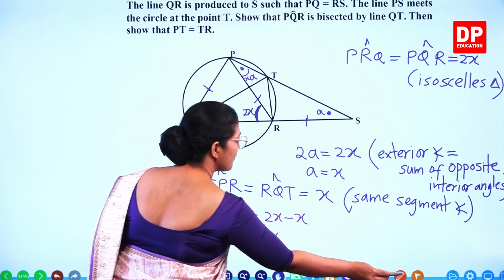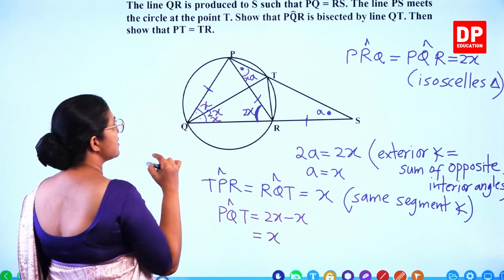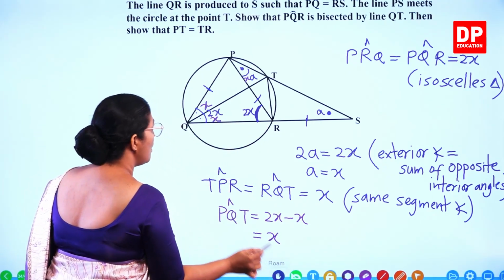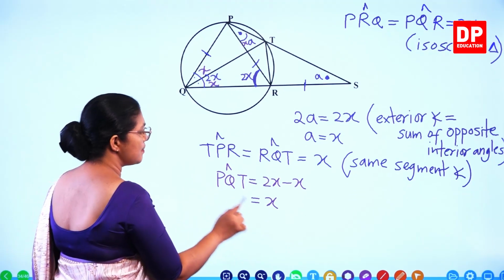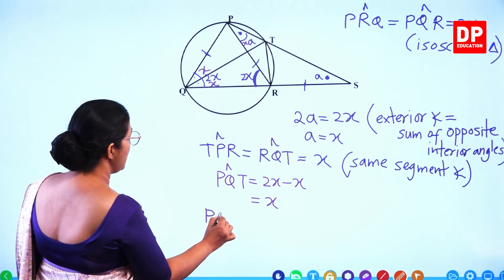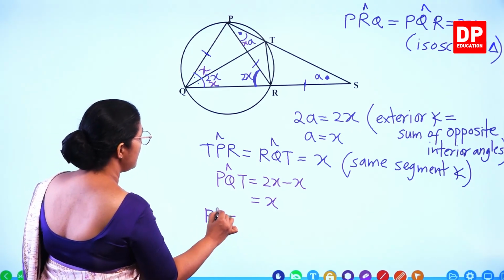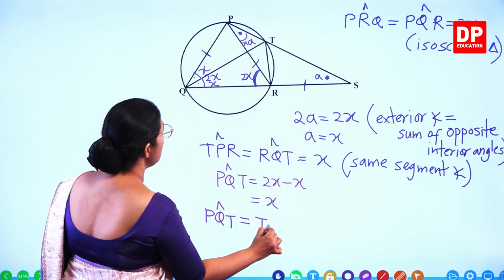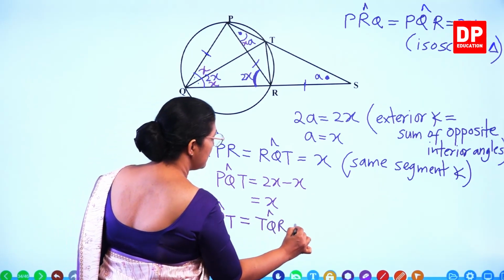Now we can see this is also x. So from QT, the angle is bisected. So here you can write angle PQT is same as angle TQR.